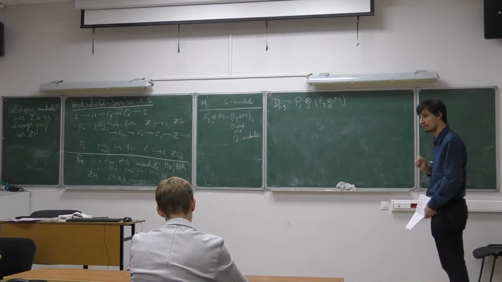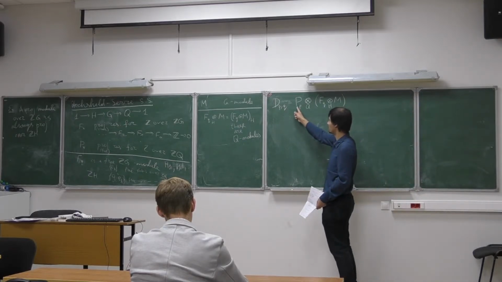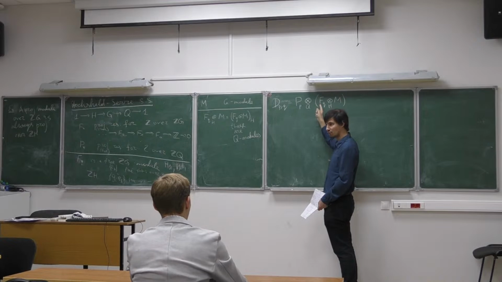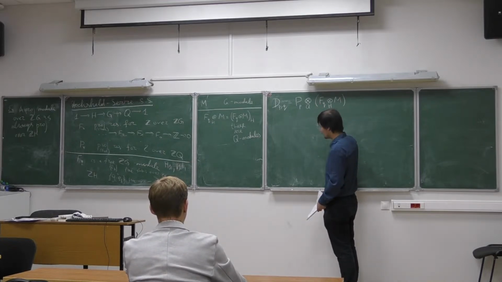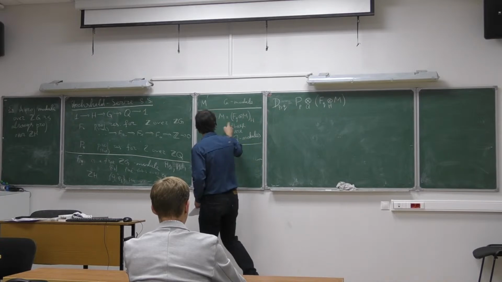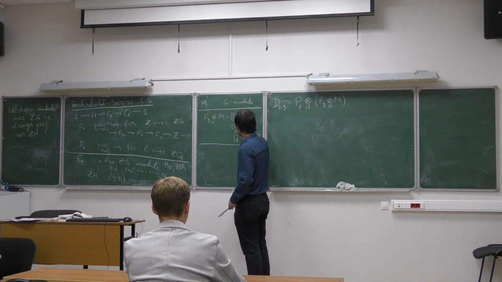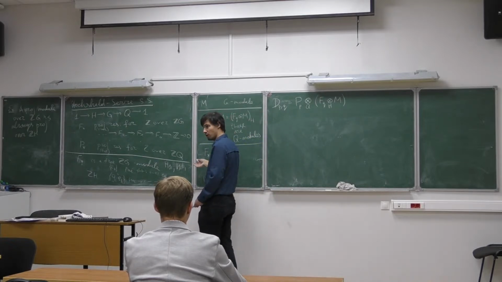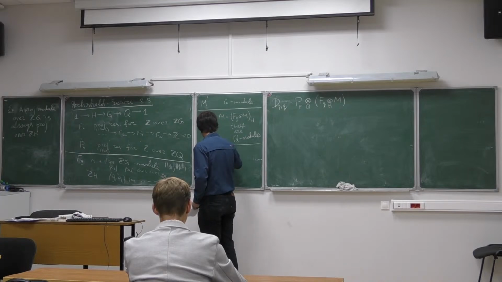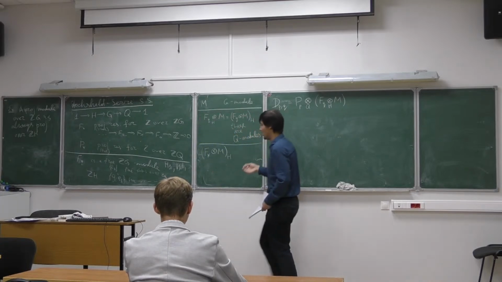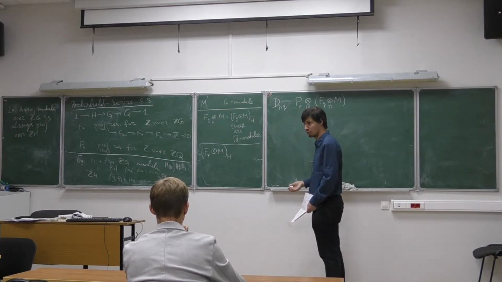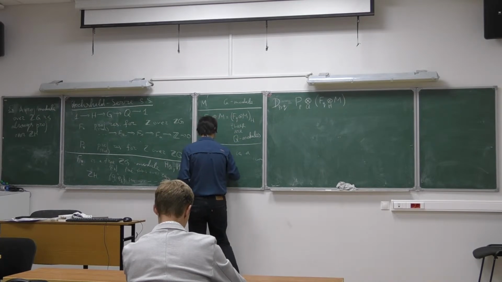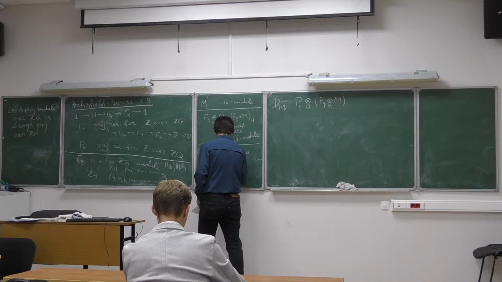Why is it a double complex? We have a differential here, and we have a differential here. And so our differential in F induces a differential. Actually, not only are these Q modules, but if we take the whole F star tensor M and coinvariance over H, this is a chain complex of Q modules.